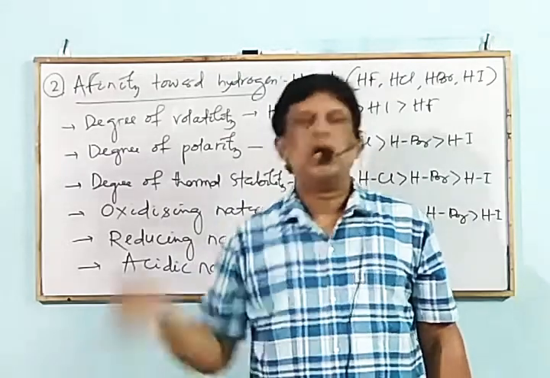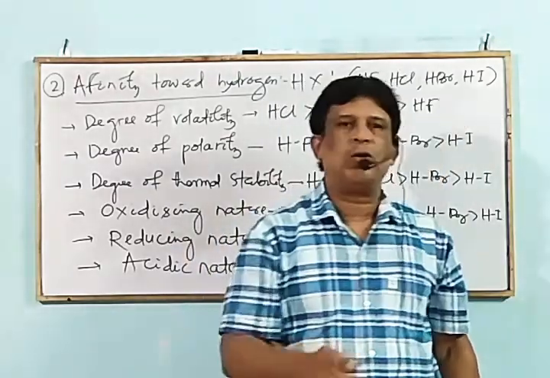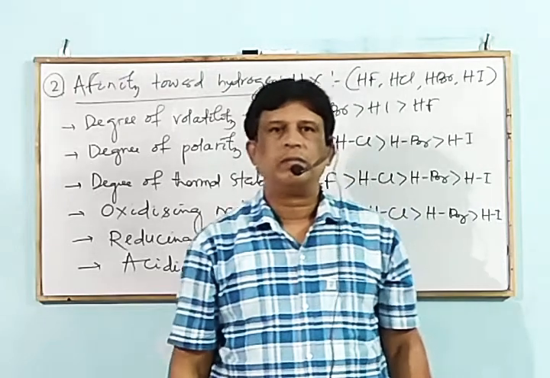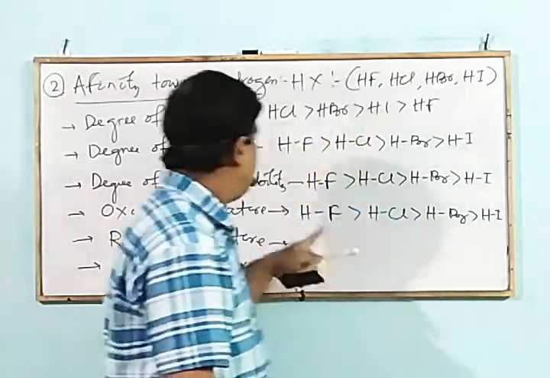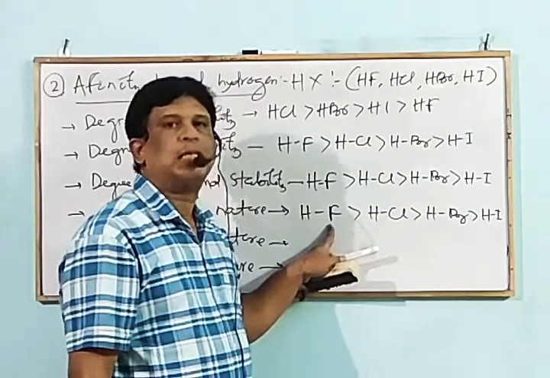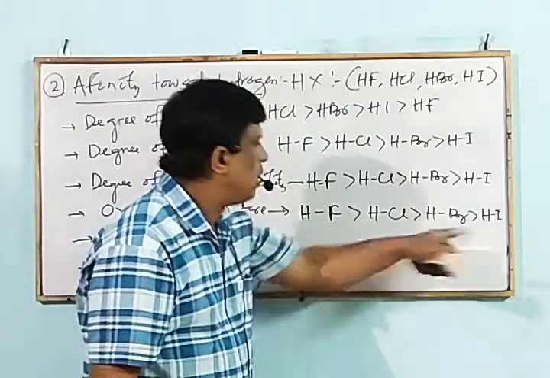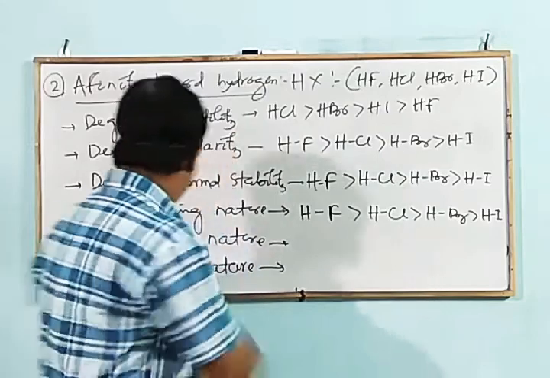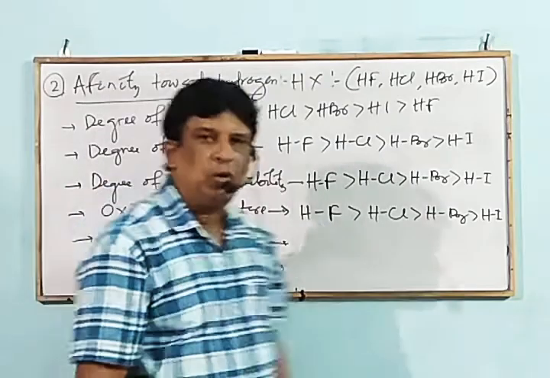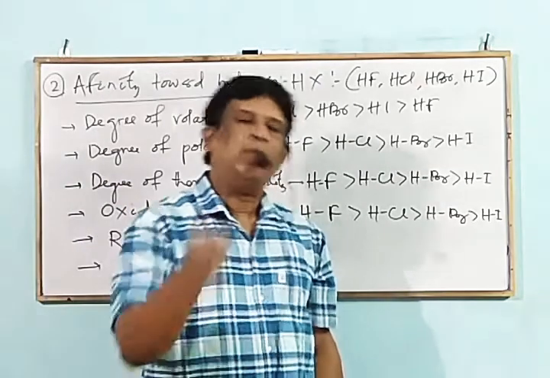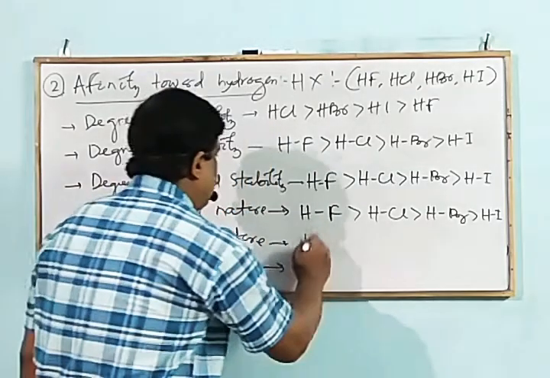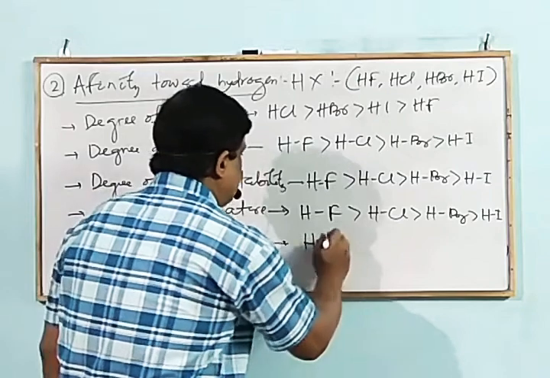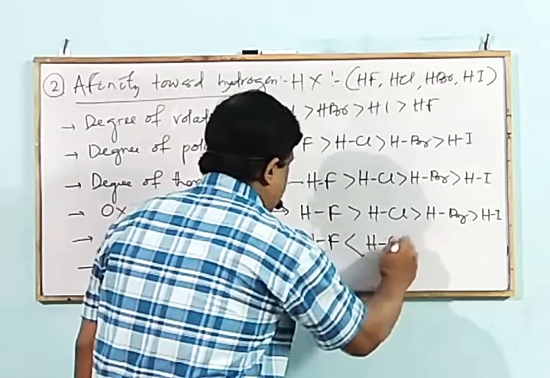That species which helps in losing electrons itself gains electrons. So fluorine has the highest tendency due to the highest electronegativity, and this value gradually decreases. Next is reducing nature. As we know, reducing nature is the reverse of oxidizing nature, so this value gradually increases.